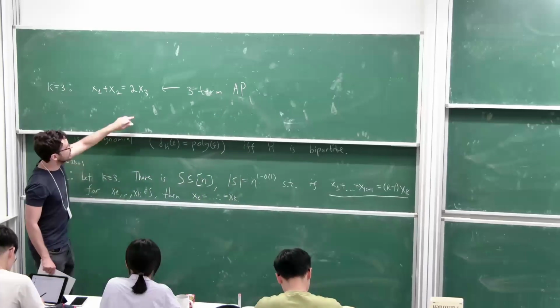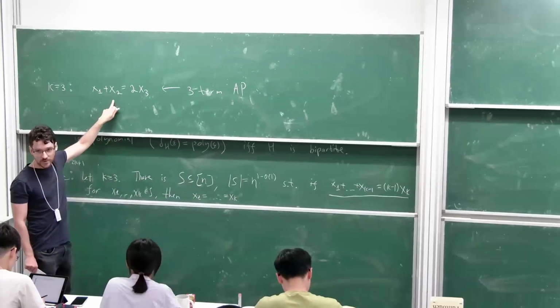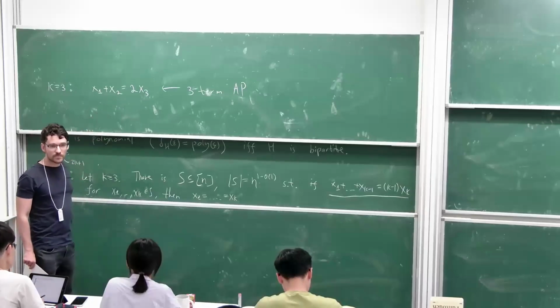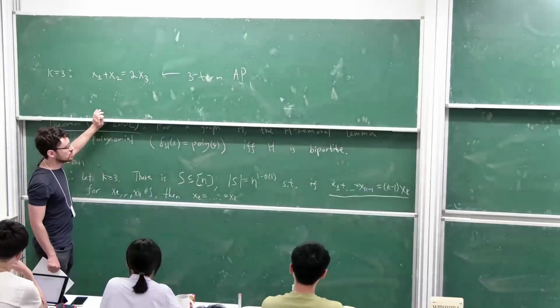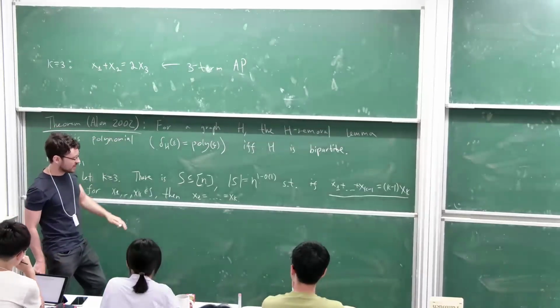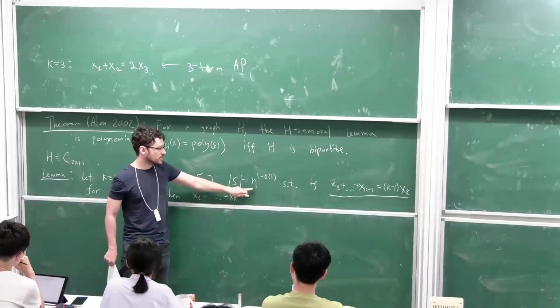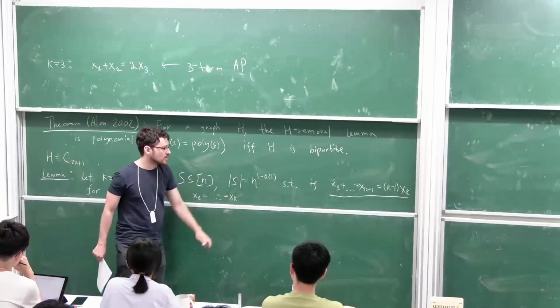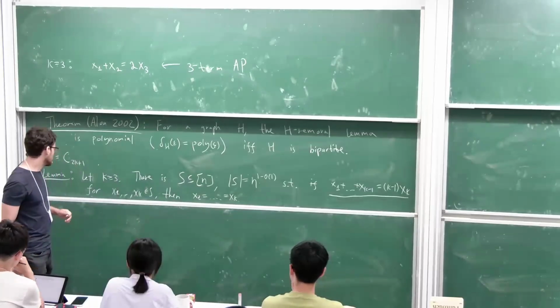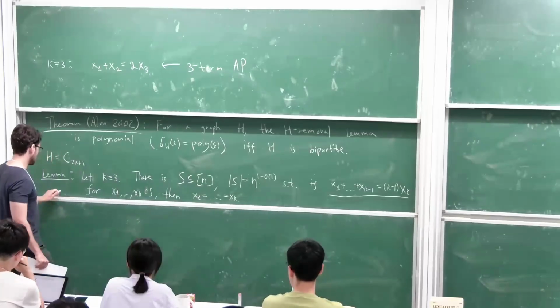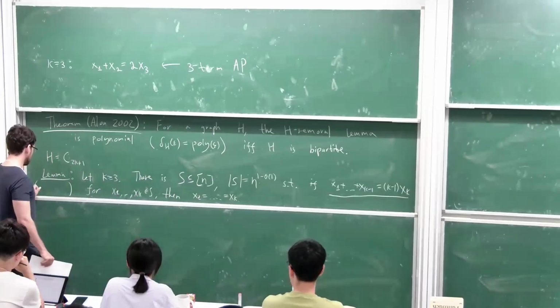Because this means that x3 is exactly in the middle of x1 and x2. In particular, this is a construction of a large set, of size almost linear in n, so n to the 1 minus o(1), which doesn't have a 3-term arithmetic progression.